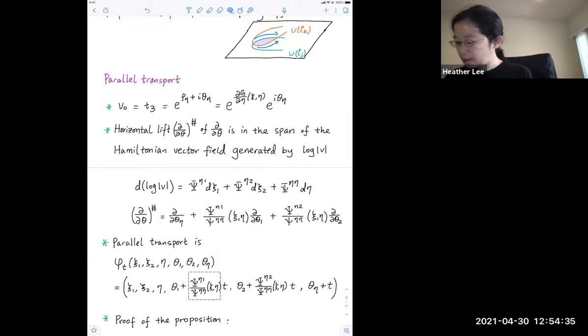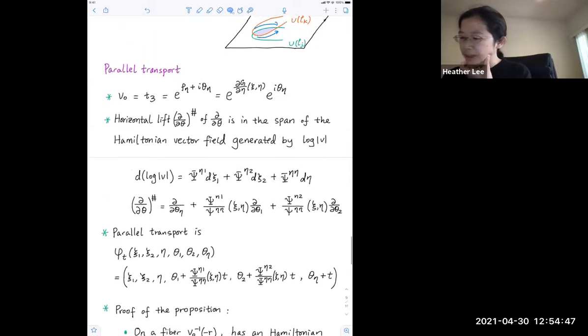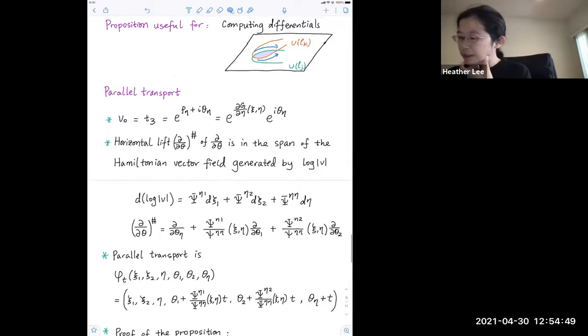These terms are what gives the monodromy. So we just found that it's really easy to calculate what this parallel transport is when we use these action-angle coordinates.